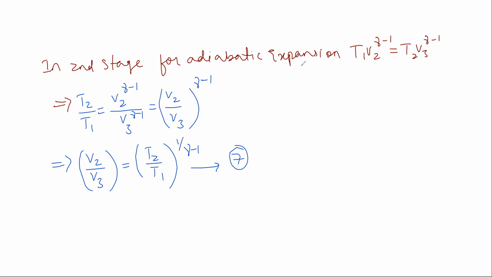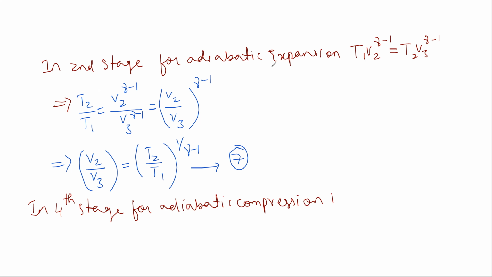Similarly, for the fourth stage, for adiabatic compression, how do we represent it? T2 V4 raised to gamma minus 1 is equal to T1 V1 raised to gamma minus 1. So how do we write it?